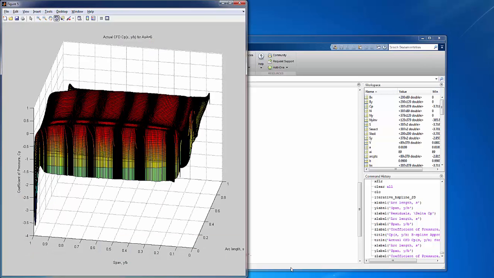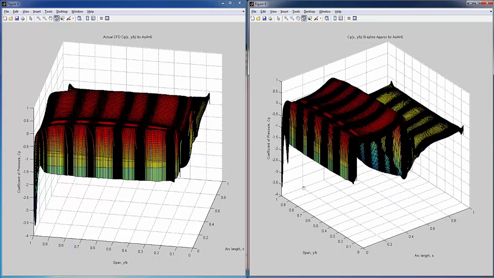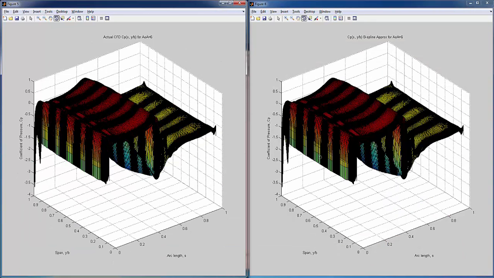On the left, I will place the original CFD dataset, and on the right, the tensor product B-spline. So on our x-axis, we have our arc length, y, we have our span, or normalized span. The 0 for the span corresponds to the locations close to the body pod, and 1 near the wing tip.